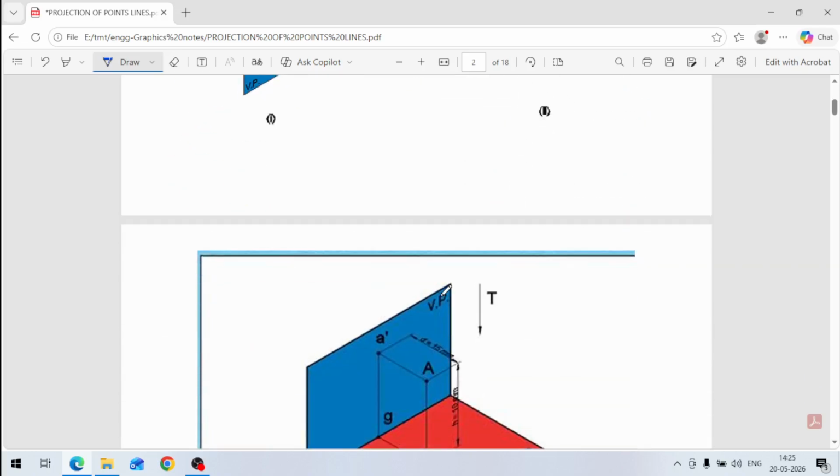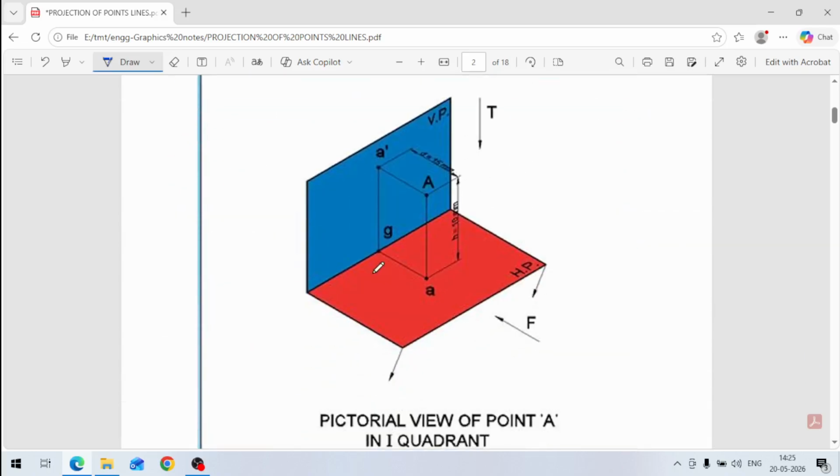First case is here. This is our first quadrant. This is our HP, horizontal plane.